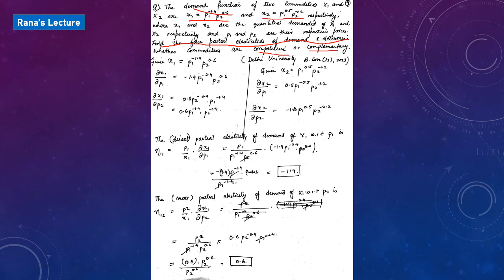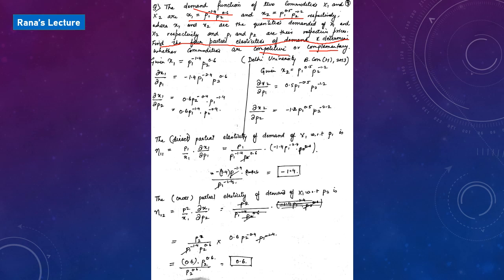In the last question, we had to calculate partial marginal demand, and here you have to find out 4 partial elasticities of demand. You have already done the concept of elasticity, right? Now, what are the 4 partial elasticities of demand?